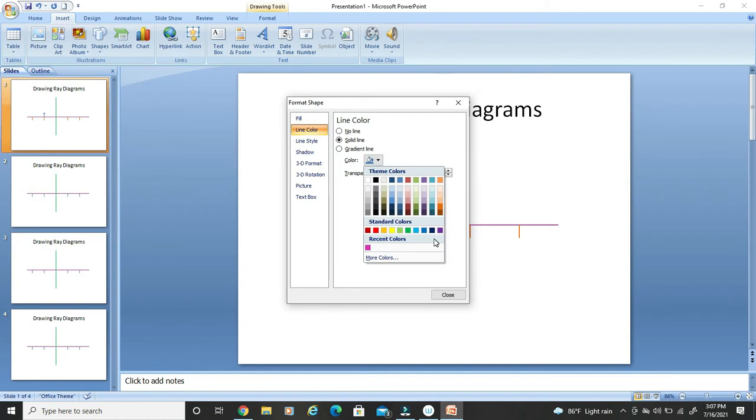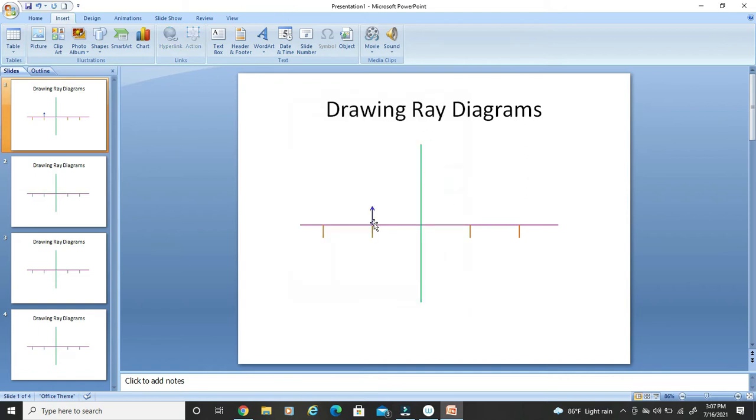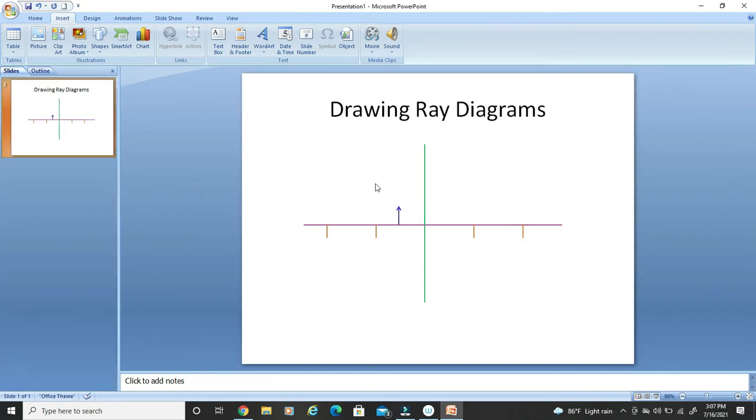So in drawing ray diagrams, we want to determine if the image produced by the lens, well in this case the lens is a convex lens, is going to be real or virtual depending on where it is placed.